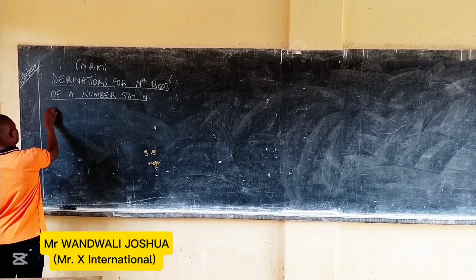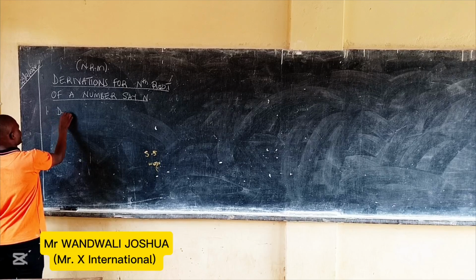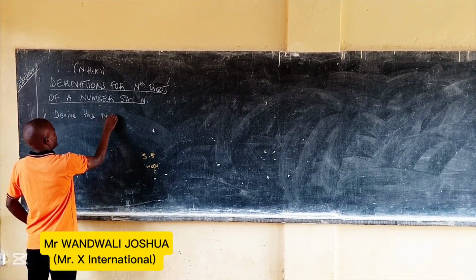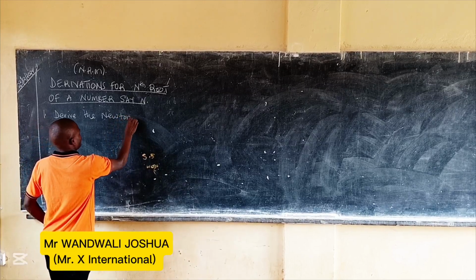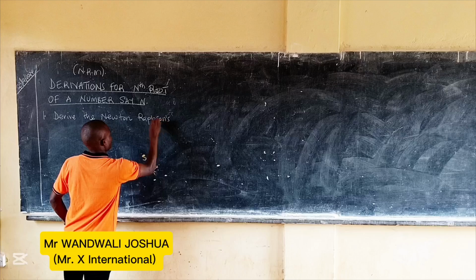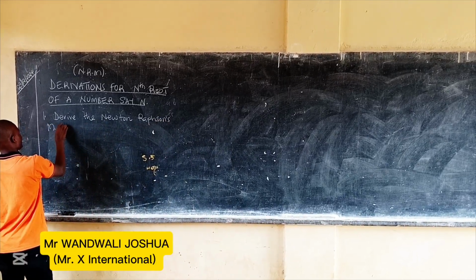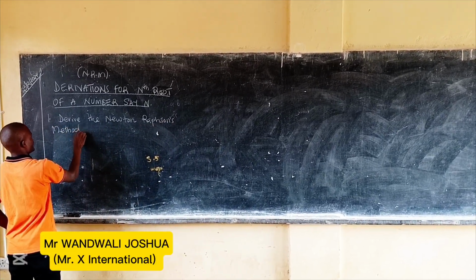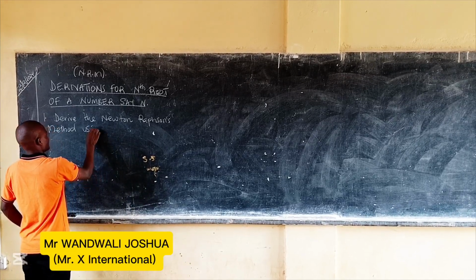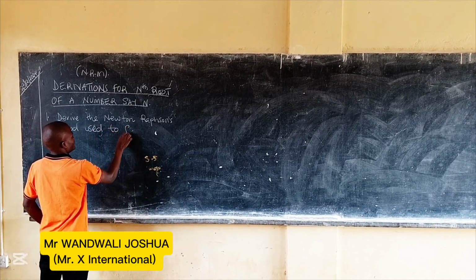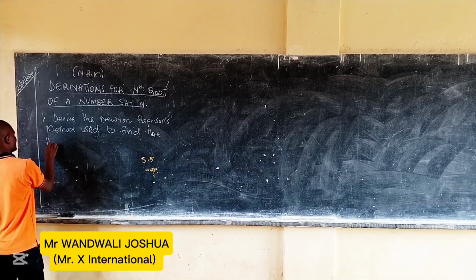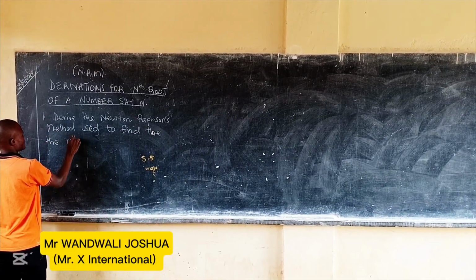So the first question we are saying: derive the Newton-Raphson's method used to find the nth root.